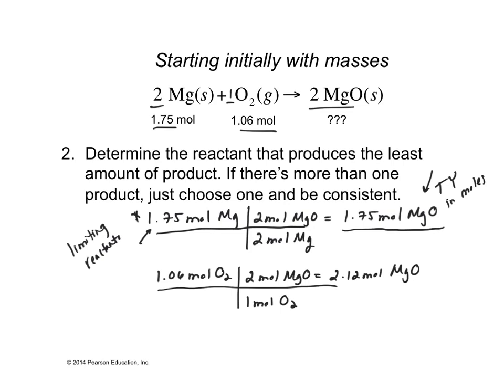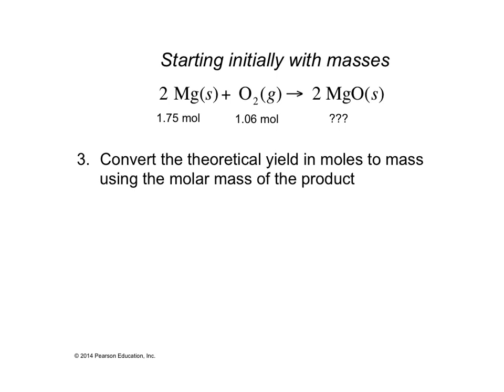So this last step is going to be taking our theoretical yield in moles and converting it back out to grams. This is 1.75 moles of our product that could in theory be produced, given that magnesium was limiting.